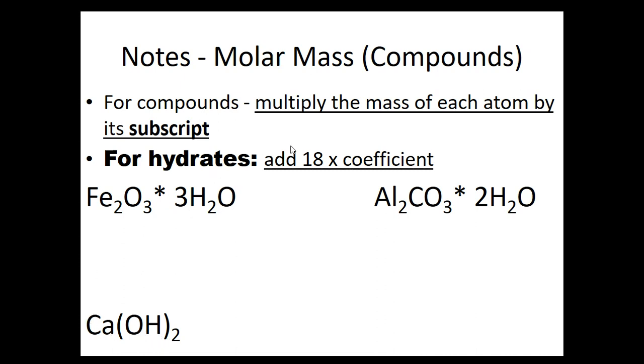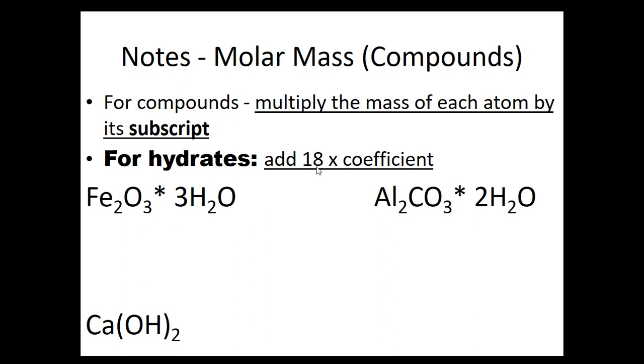Okay, a hydrate just means there is water attached to it. You add 18 multiplied by its coefficient. Now 18 is because that is the mass of water; I'm just telling you that. If you want to add it up yourself, you can: oxygen is 16 and each hydrogen is 1, so 16 plus 2 is 18.